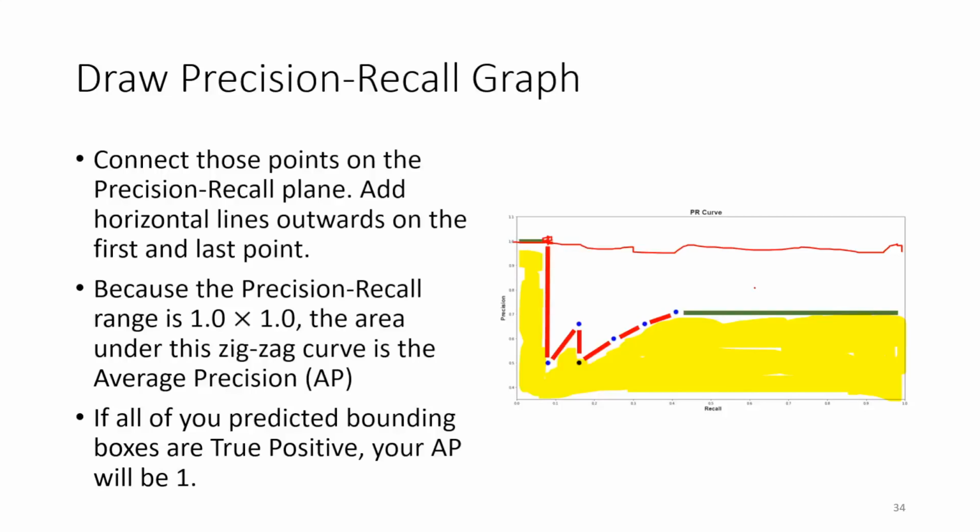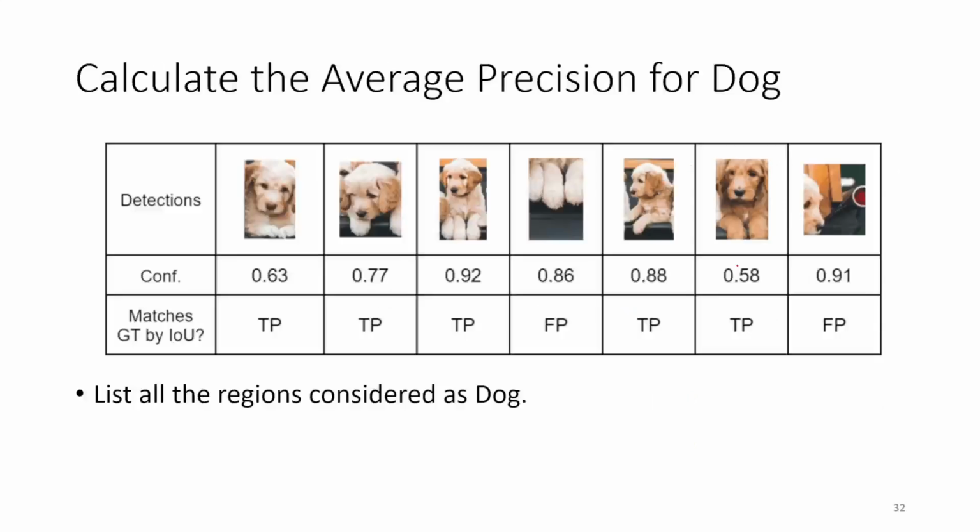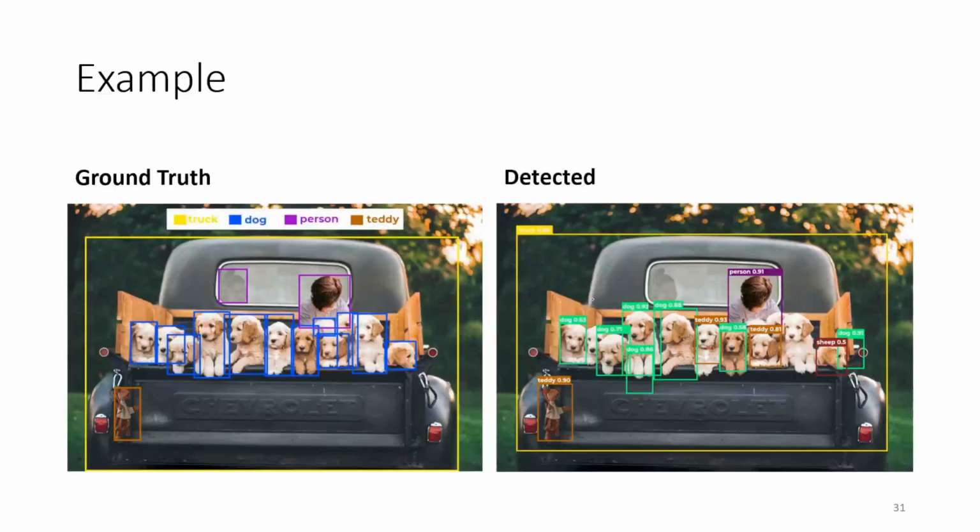Yes, please. Is this PR curve for different classes or a single class? So this PR curve is only for the dog class. Let me explain here. There are 4 classes: dog, truck, person, and teddy.